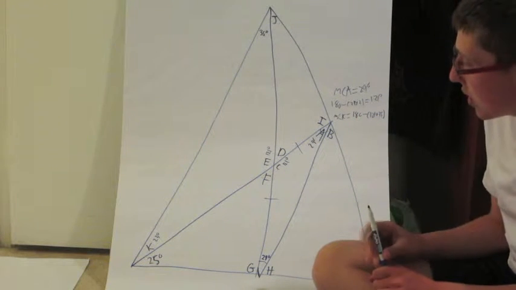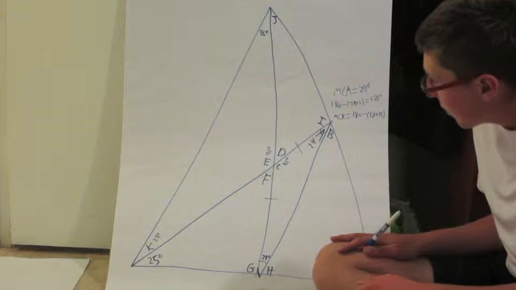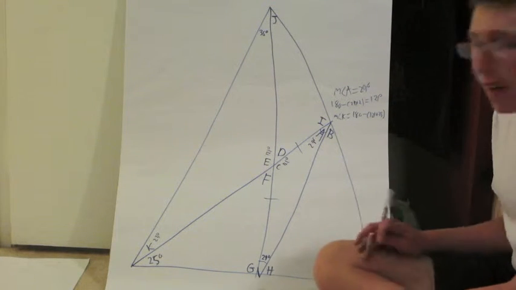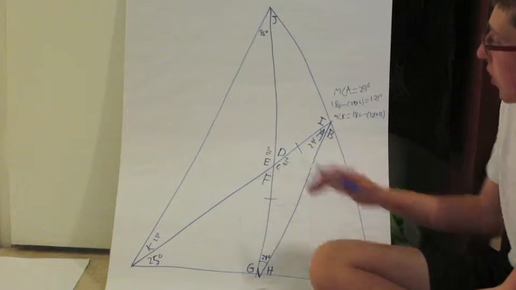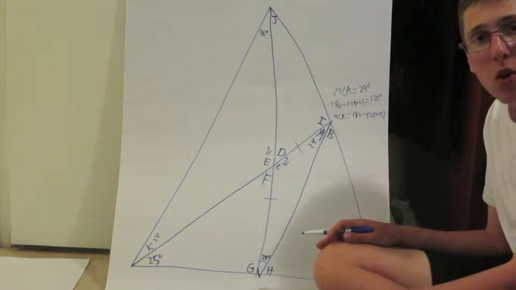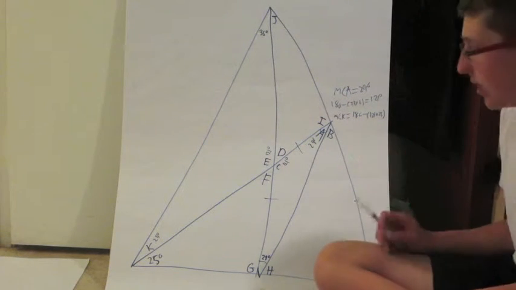Alright, so the next measure that we can solve would probably be angle F. We can solve angle F by using the property of the straight line, which says that a straight line is 180 degrees.